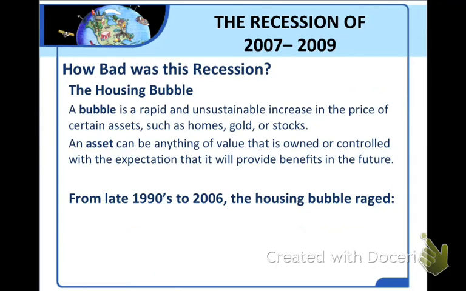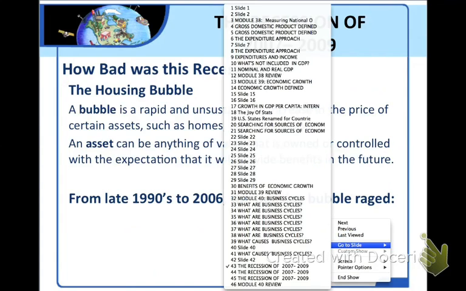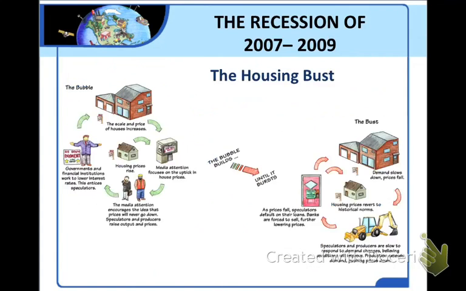Everyone wants to buy the asset because they think its price will continue to rise. So let's look at what happened here. If you look at the bubble, at this point right here, this is what we're focusing on. Everyone wants to buy the asset because they think its price will continue to rise.